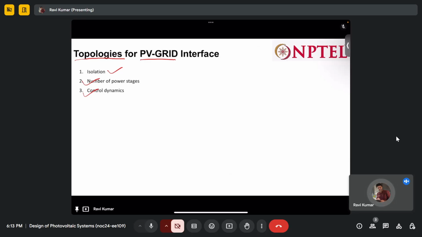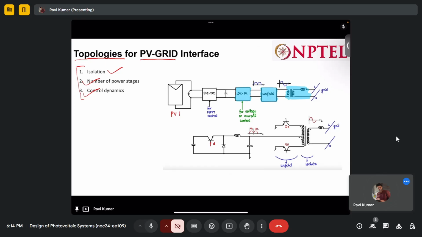These include high frequency or low frequency transformers, different stages converting from one type to another, and then control of dynamics, static or dynamic. These are just the types of topology we have. Here we can see this is a PV module. First it is converted using a DC-DC converter, which makes it work at MPPT, maximum power point tracking.